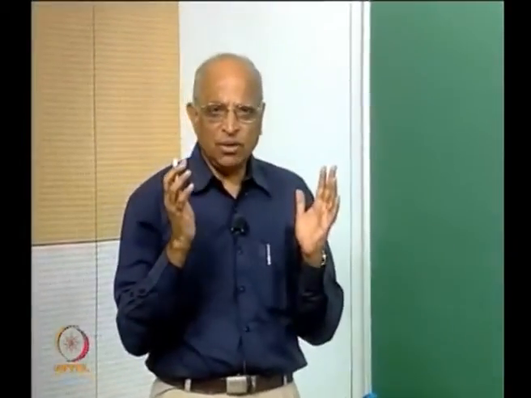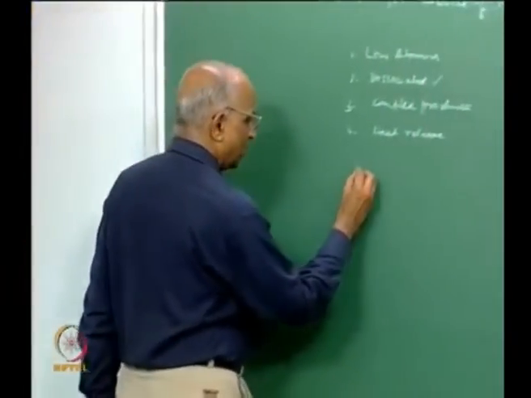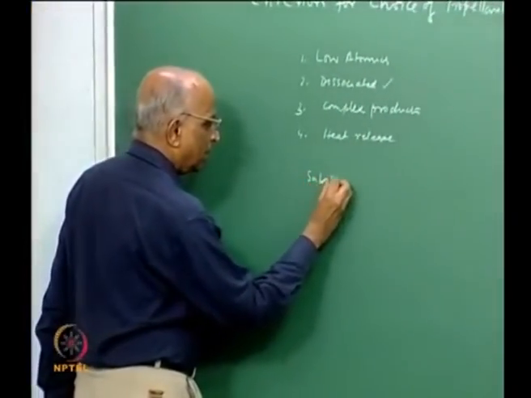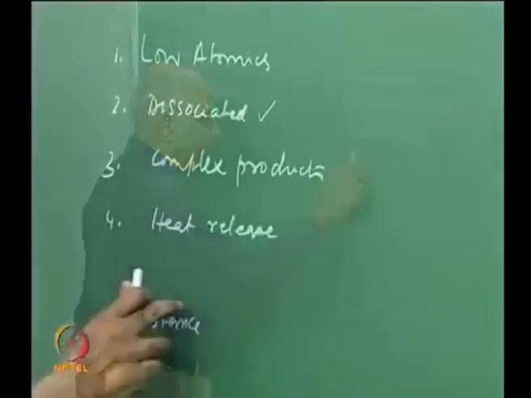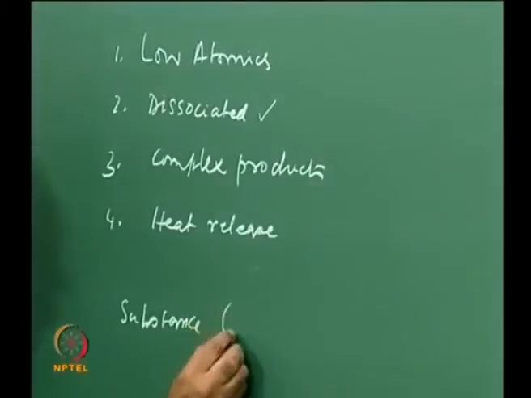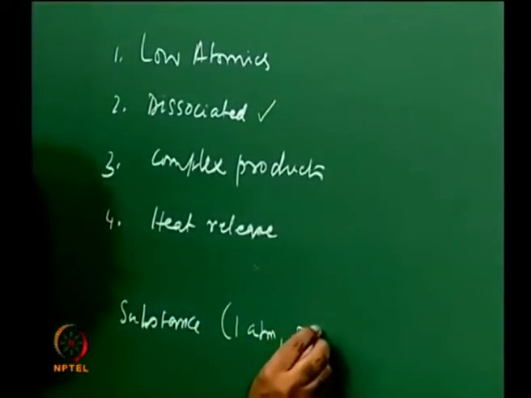We told ourselves heat of formation relates to a substance with which we are interested, maybe the heat required to form the substance at the standard condition being 1 atmosphere pressure and say 25 degrees centigrade.